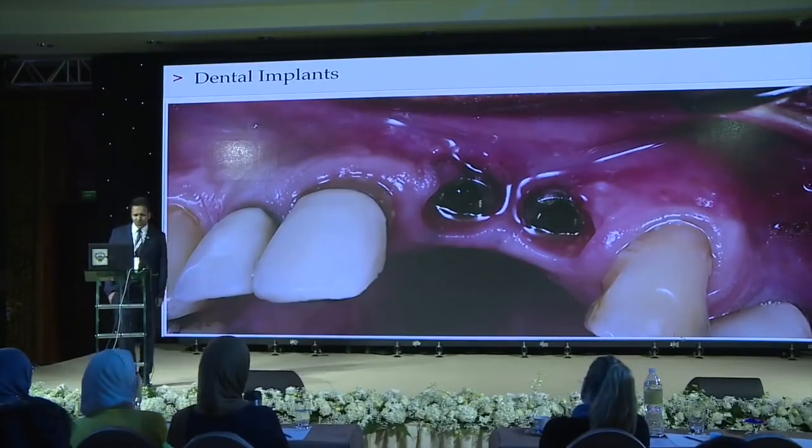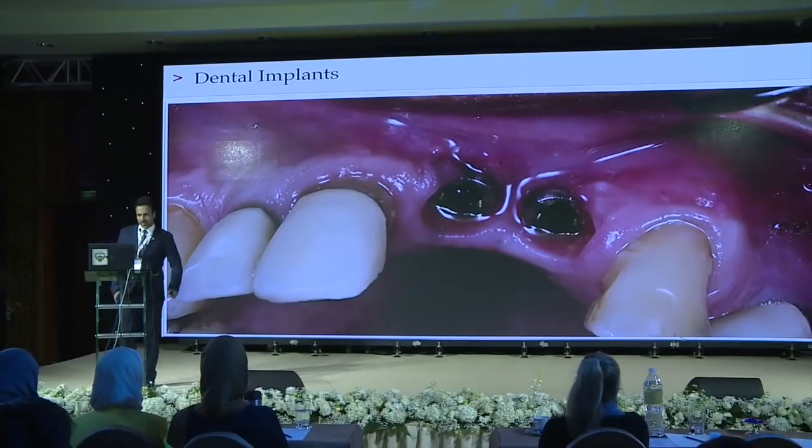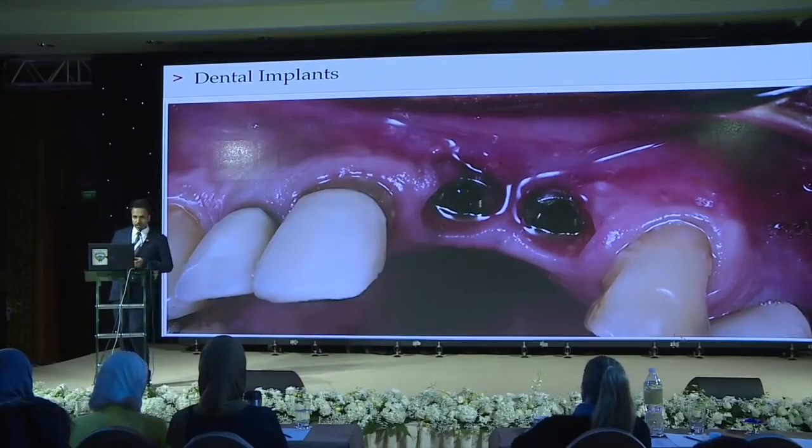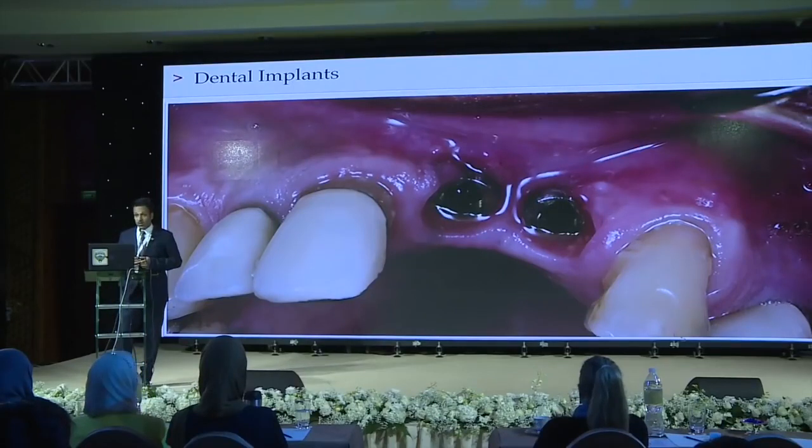And one of the biggest problems that we face is that whoever placed the implant is not the guy who restored the implants, and there is a gap and miscommunication. The majority of the implants are placed without a surgical guide, and that's why prosthodontists are always complaining about surgeons, because they don't place them the way they wanted.